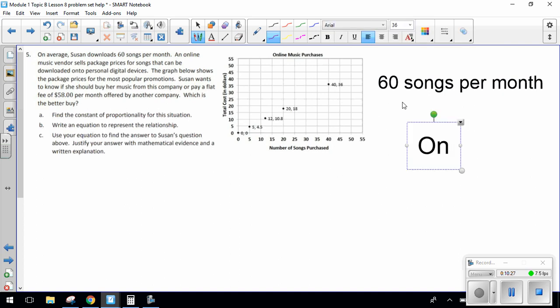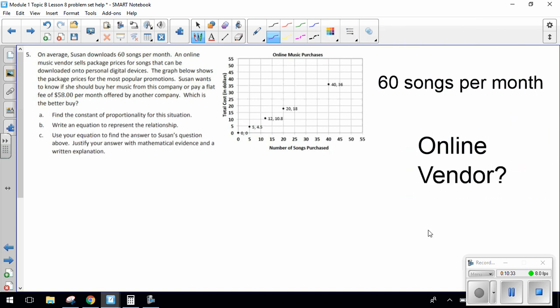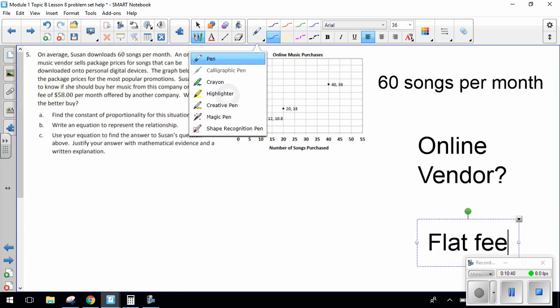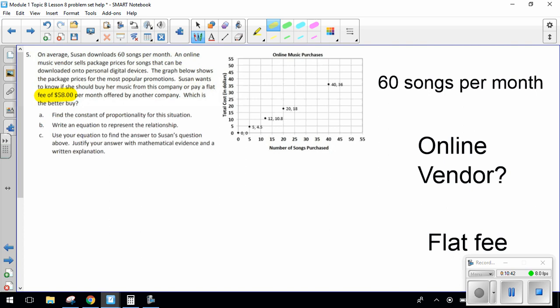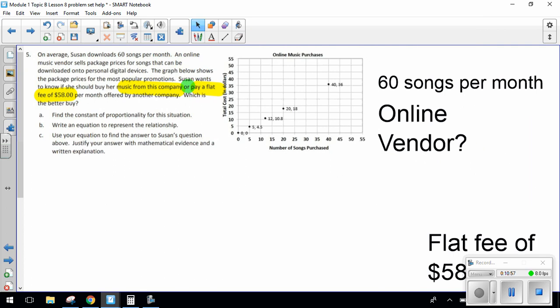So we want to know, should she buy from the online vendor, or should she pay a flat fee of $58? Let me highlight that for you. So this is our question. This is what we're trying to figure out.